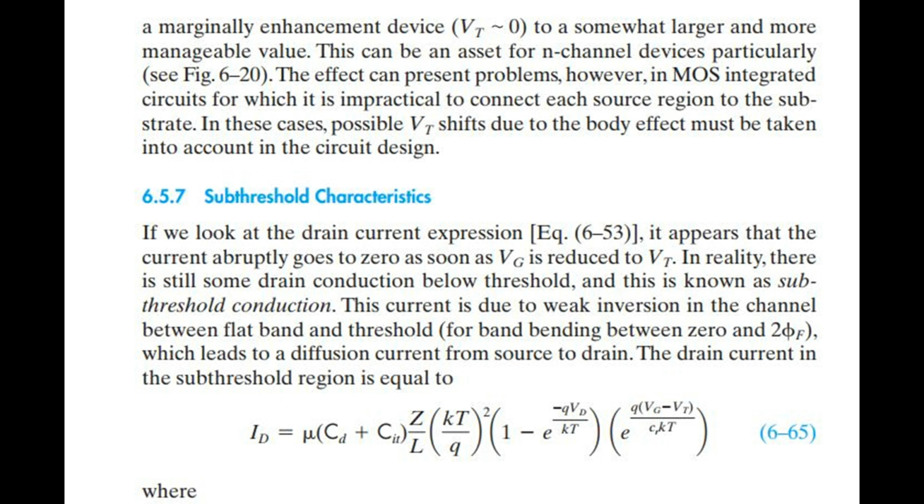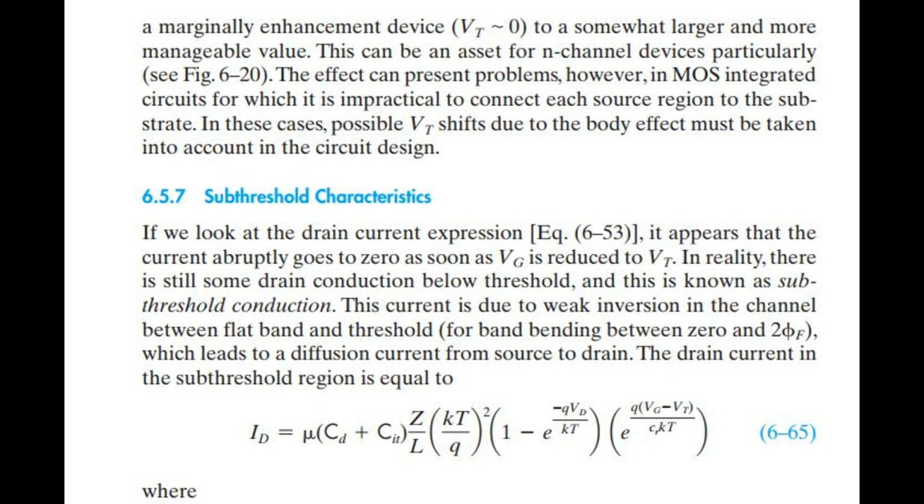If we look at the drain current expression EQ 653, it appears that the current abruptly goes to 0 as soon as Vg is reduced to Vt. In reality, there is still some drain conduction below threshold, and this is known as subthreshold conduction.